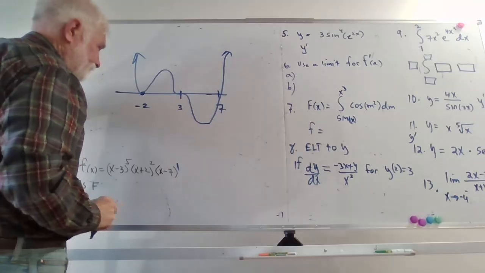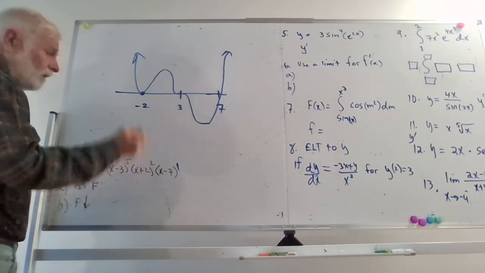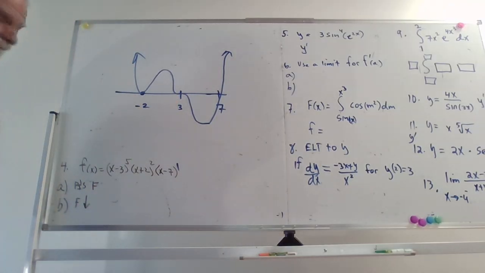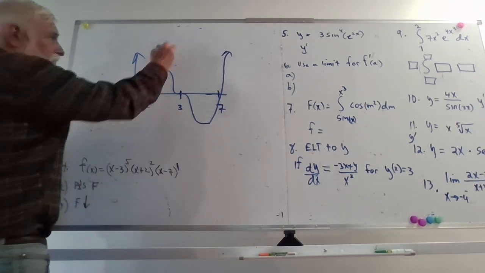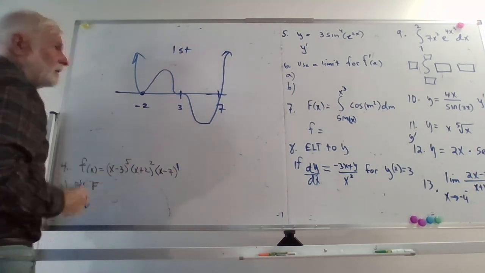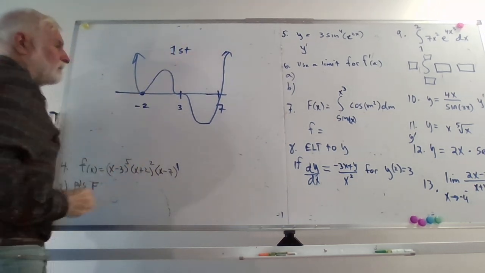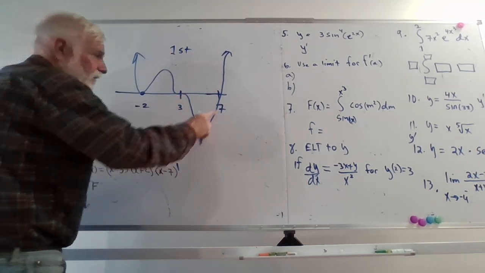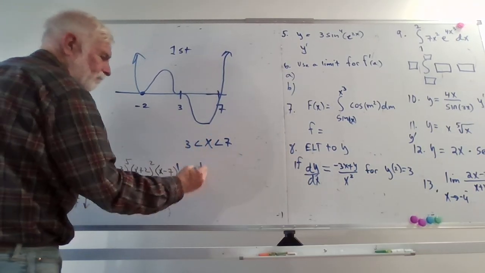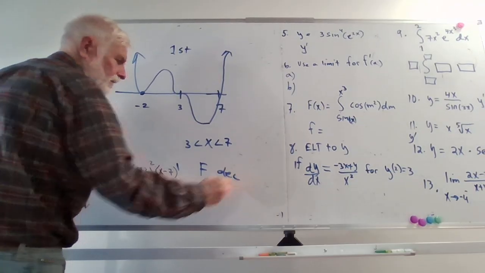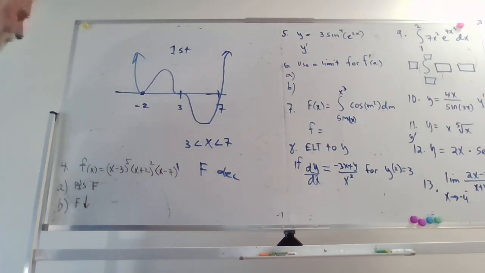Down to up. Okay, it's flat there. So 2 points of inflection for big F. When is big F decreasing? Big F is decreasing when the first derivative, this is the first derivative, is negative, so when x is less than 7 but greater than 3, big F is decreasing. Okay.